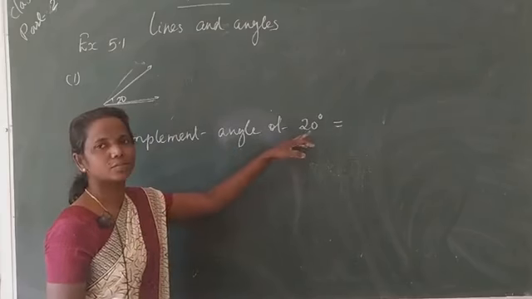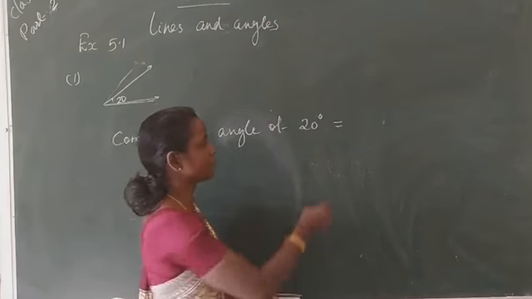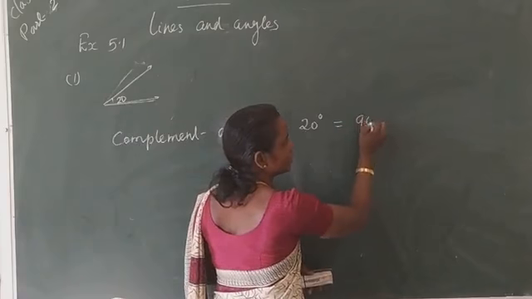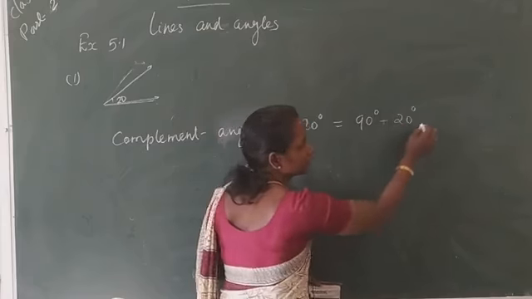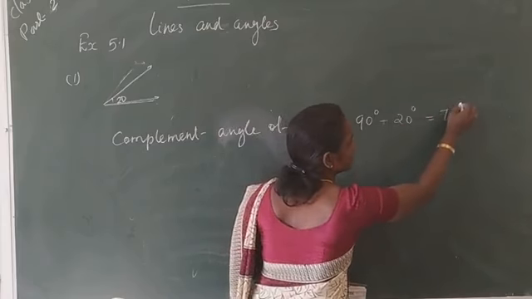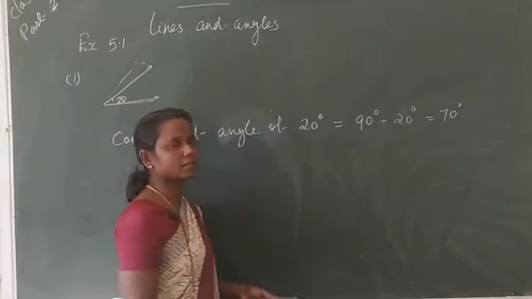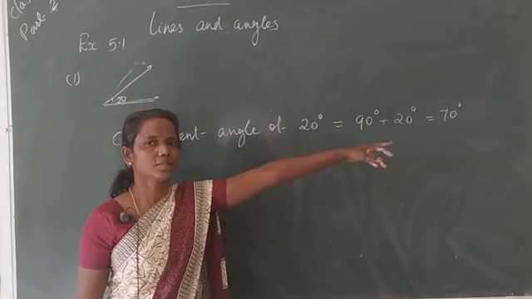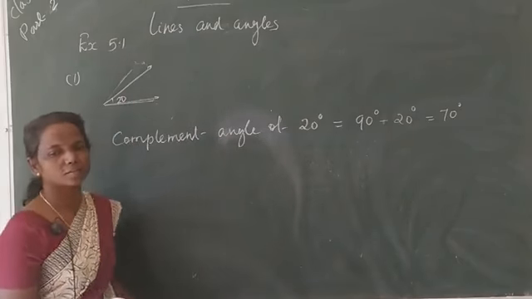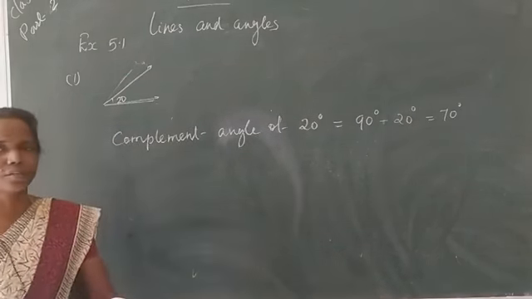Here one angle is 20 degrees, so what is the other angle? 90 degrees minus 20 degrees is equal to 70 degrees. So the complement of a 20 degree angle is a 70 degree angle. The remaining two questions you should find yourself.